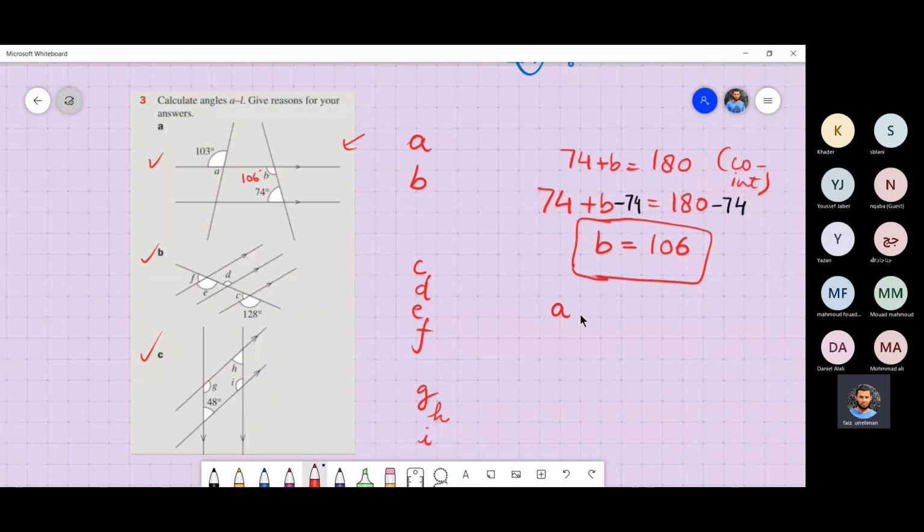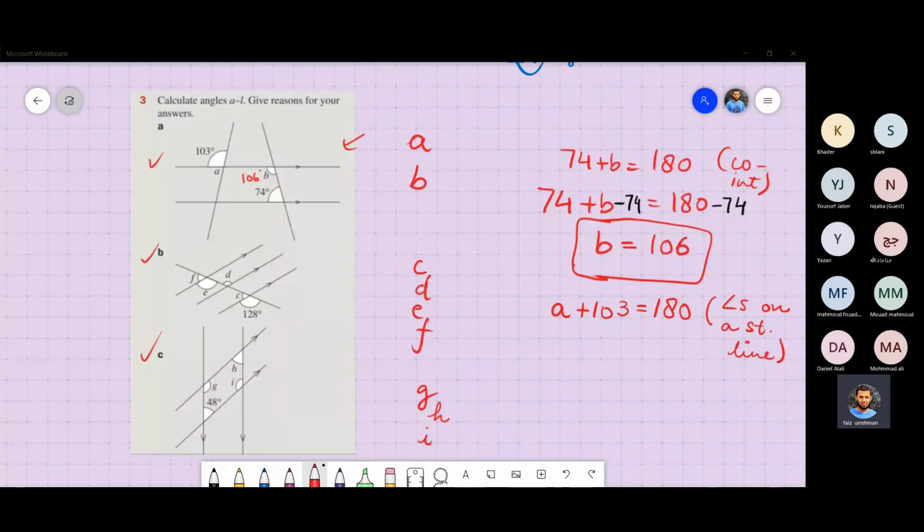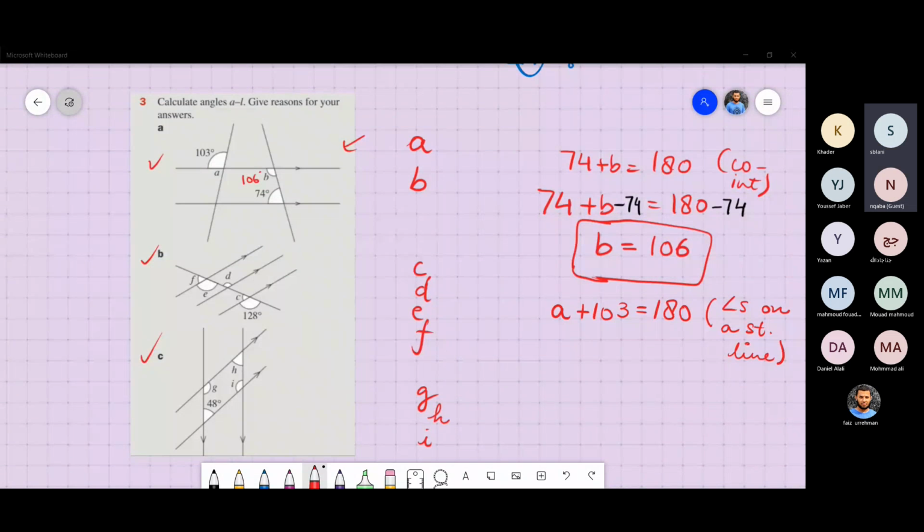A plus 103 should give me how much? 180, by the property of angles in a straight line.